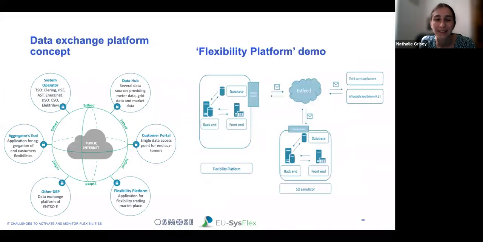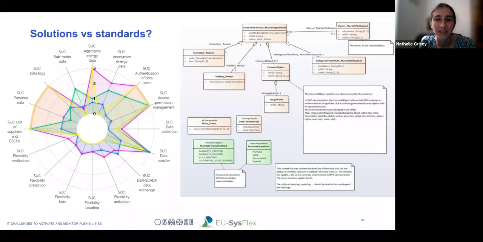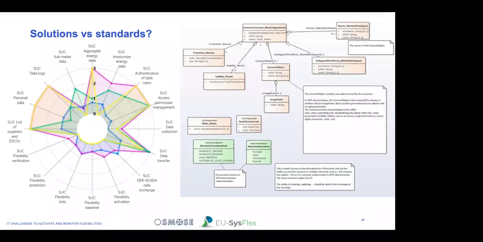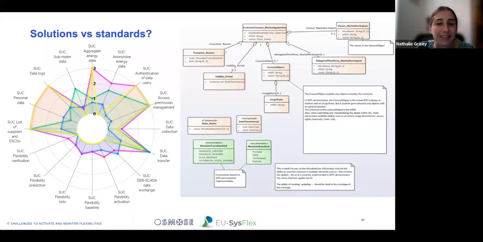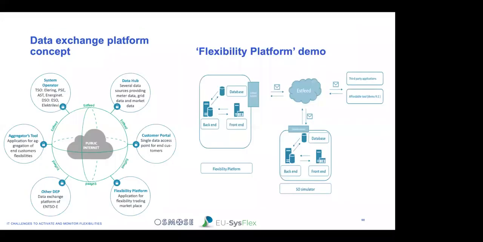Okay, thank you for your answer, Gregor. We have one question from Kalle. You briefly showed in a slide an information data exchange architecture. And so where could we find this in the project deliverables? Yes, it's Kalle here. So you probably mean this data exchange platform concept, or maybe you mean all of it.